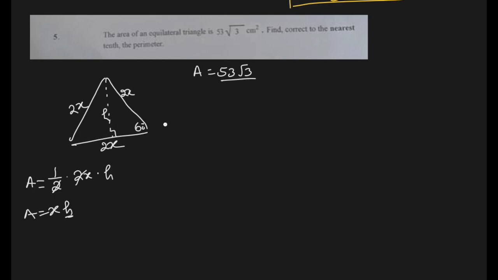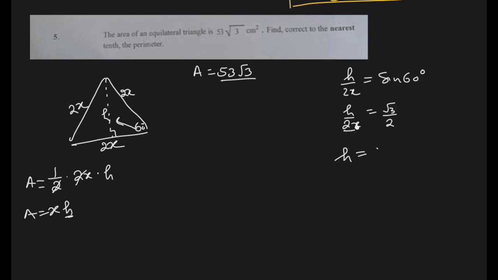But this h has to go because I want to find x for the perimeter, not h. So can I say, h, this is opposite to the 60 degree, divided by 2x, hypotenuse, is equal to sine 60 degrees, right? So h over 2x, and we just got in previous part the value of sine 60 is square root 3 over 2. So I want to eliminate h, so I have to isolate h here.